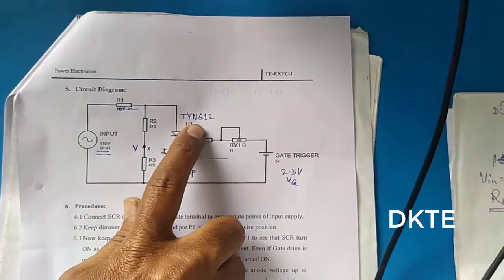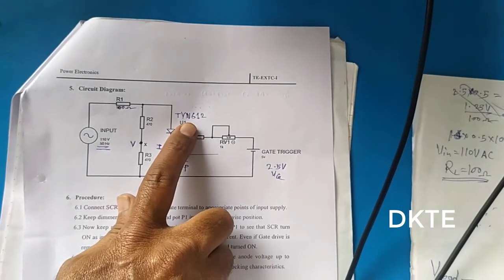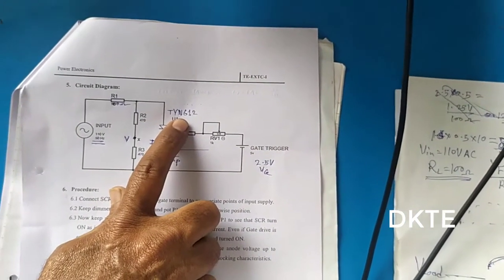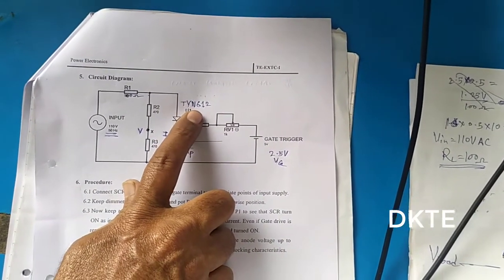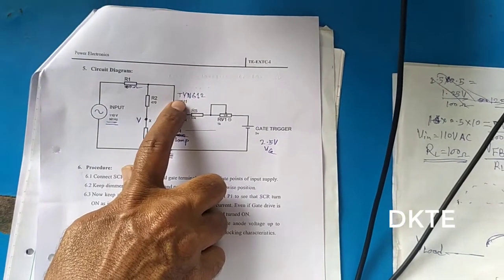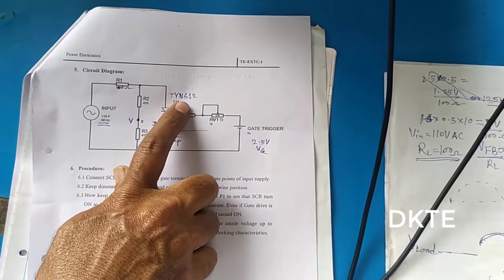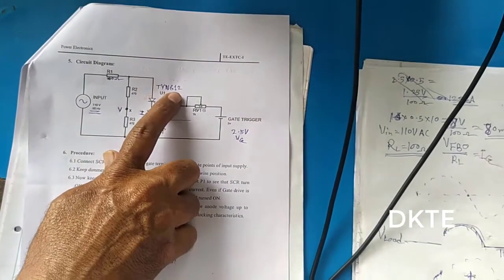This is a thyristor with natural commutation. Natural commutation means the natural zero crossover point of the AC supply. This thyristor commutates at the natural 50-60 Hz input supply. There is no need for a DC commutation circuit. This is the turning off circuit of this TYN612.